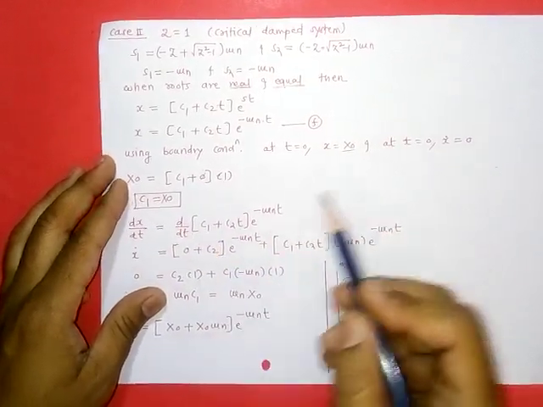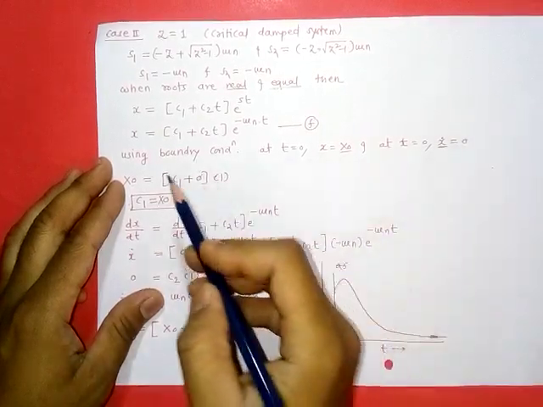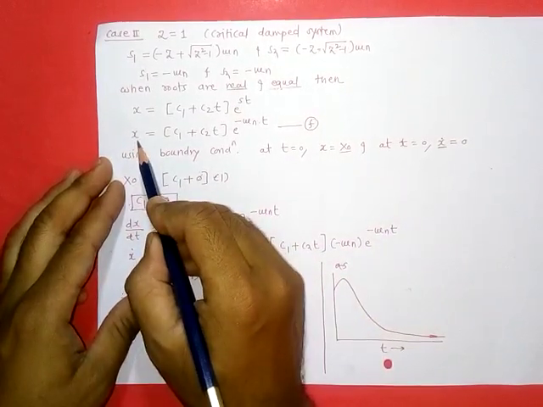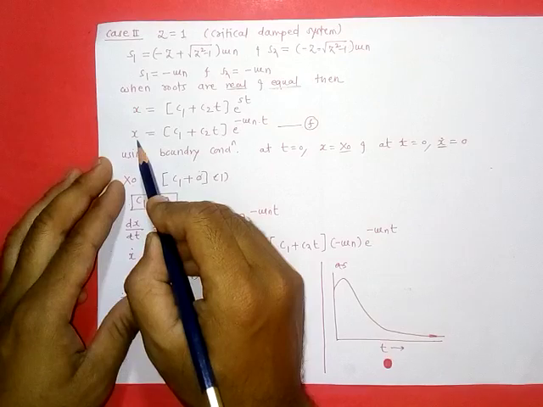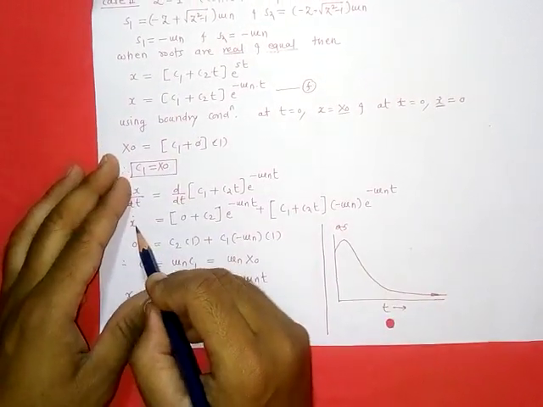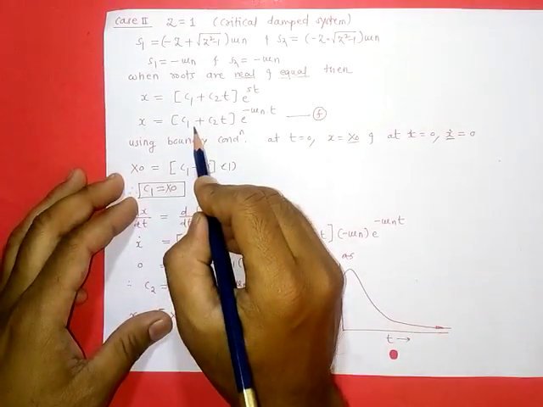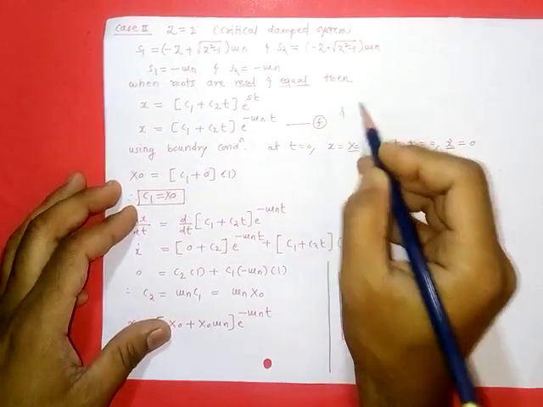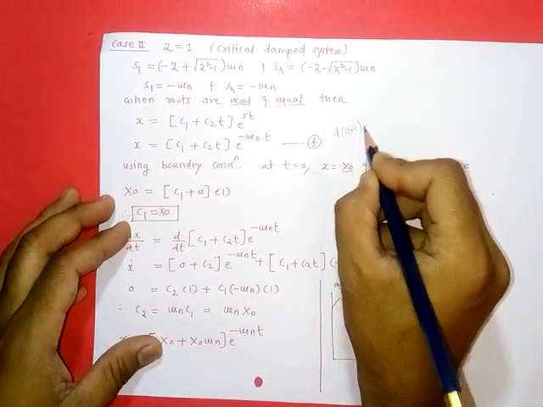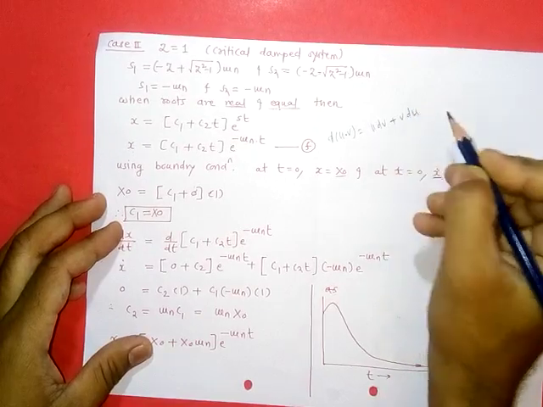Now the second boundary condition is for velocity, so differentiating equation f with respect to time, we get x dot. This derivative is in the form of the derivative of u into v, so u into the derivative of v plus v into the derivative of u.